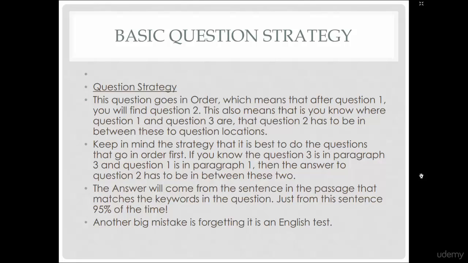And so you know that your yes, no, not given question and your short answer questions go in order. So you will make sure you do those first, and then do the paragraph location question last. All right? You want to make sure that you keep that in mind. But yes, our short answer question goes in order in terms of its questions. If you know where question number 2 is and where question number 4 is, that means you're going to find question number 3 in the middle.